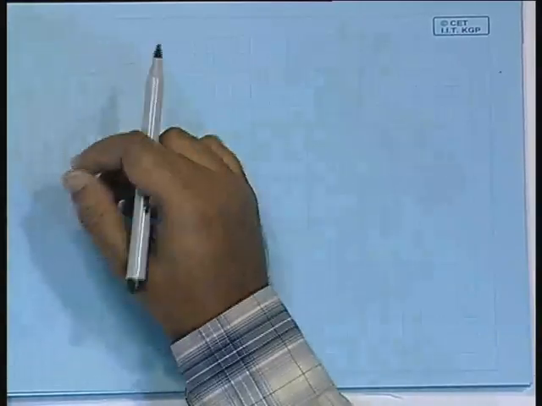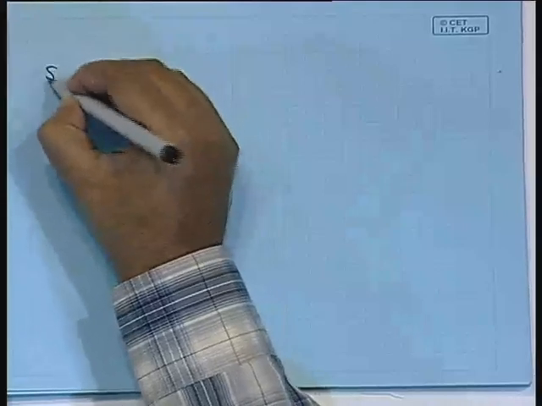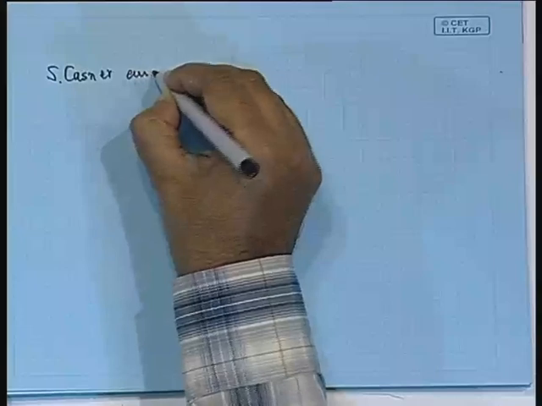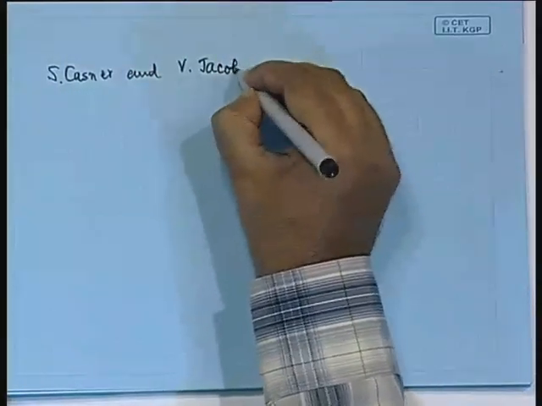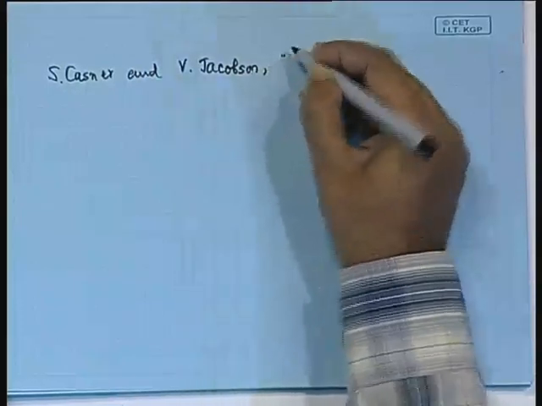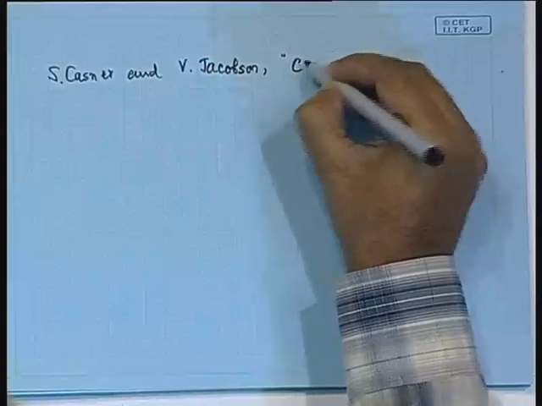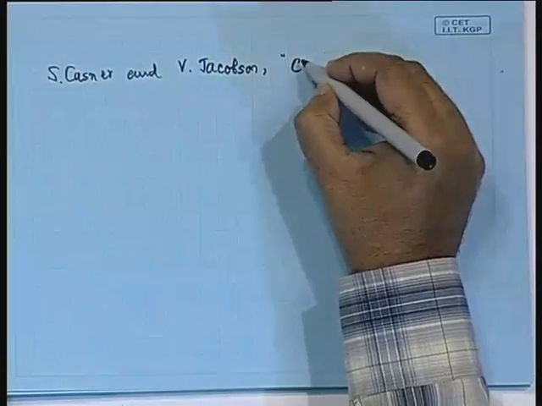In fact, I am giving you the reference, that is by Casner and V. Jacobson, and the title of the paper is Compressing IP, UDP, RTP headers for low speed serial links.